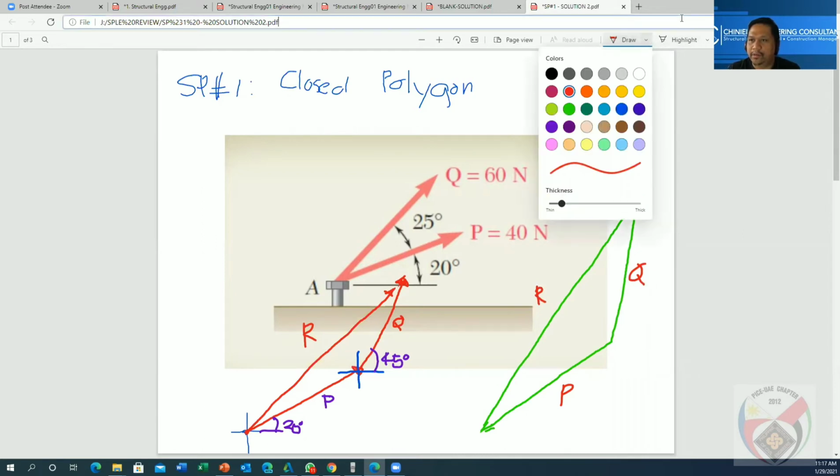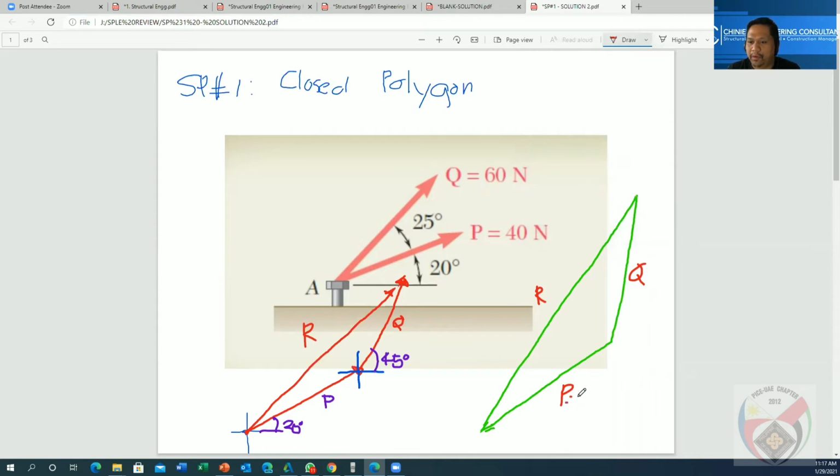Now, in order to solve, okay, so P is 40. Q is 60. Di ba?